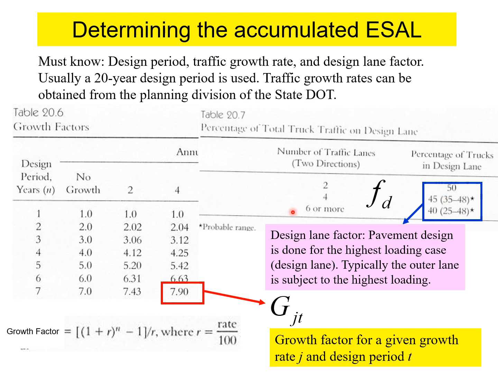In the case of 6 or more lanes, in that case 25 to 48%, this is the typical range, and generally we take 40%. So design lane factor, the pavement design is done for the highest loading case design lane. Typically the outer lane is subject to the highest loading.